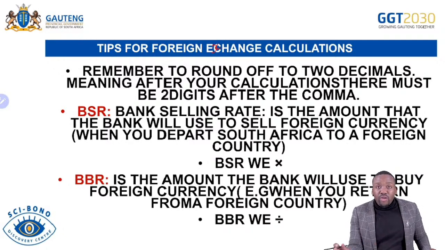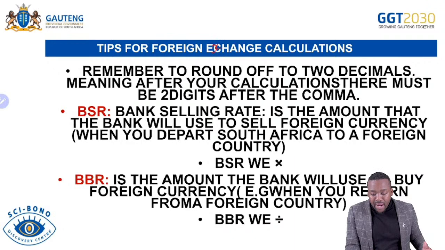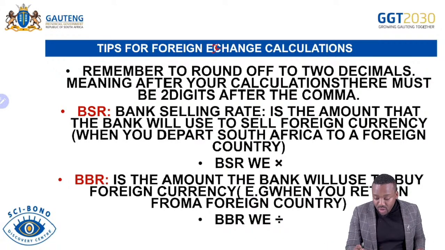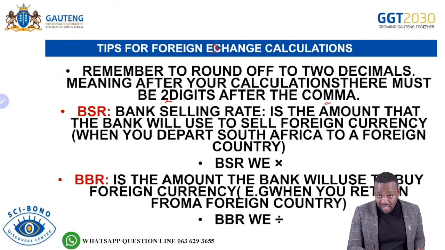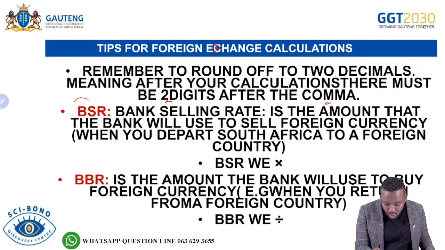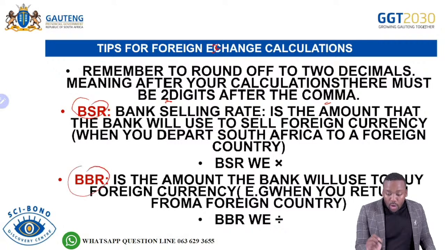The first thing that you need to remember is to round off to 2 decimals. Meaning, after your calculations, there must be 2 digits after the comma. Remember, this is money that you're talking about when you are doing the calculation. So there has to be something after the comma. Then you've got these 2 concepts in your question 3.